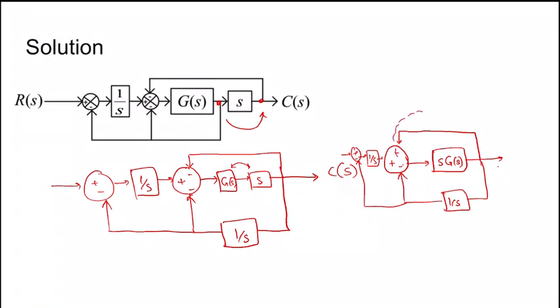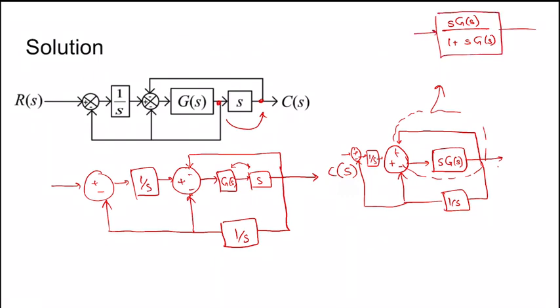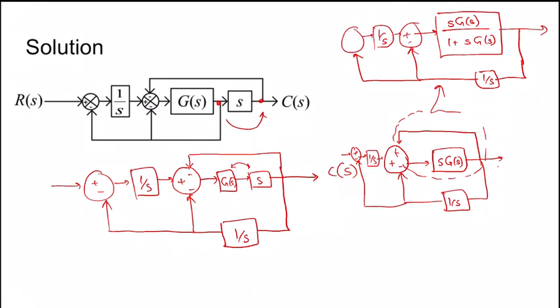Now this part, the closed loop transfer function, can be written as sG(s) divided by 1 + sG(s), and this block is like this, and we have 1/s coming as a feedback, and here again this is 1/s coming as a feedback here. This is C(s), this is R(s). So the flow is like this: you find this, then you find this, and then you find this.